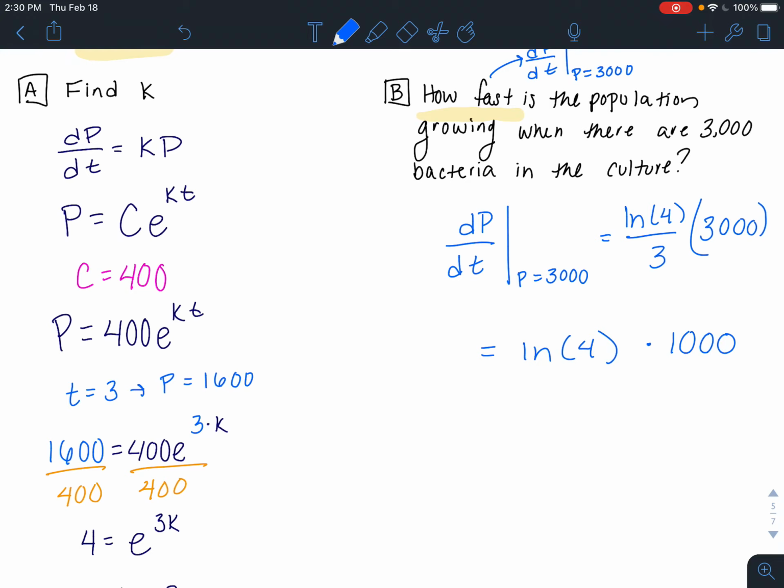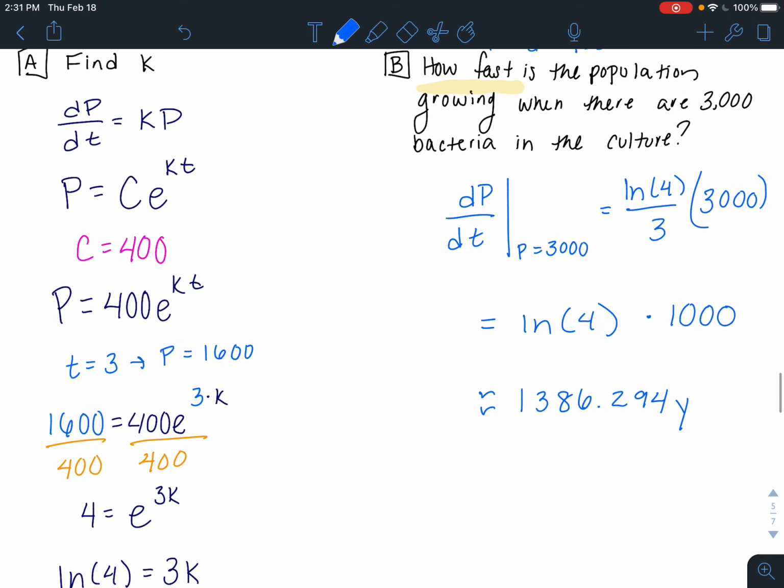I'm going to do natural log of 4, close my parentheses. And if I multiply that by 1,000, that's approximately 1,386.294 hours. T was in hours, so we're going to use the right units there.